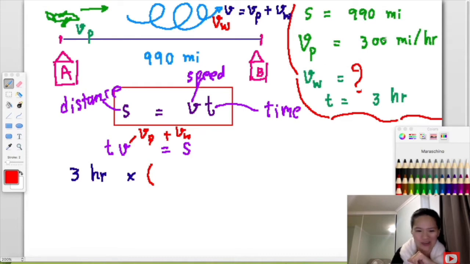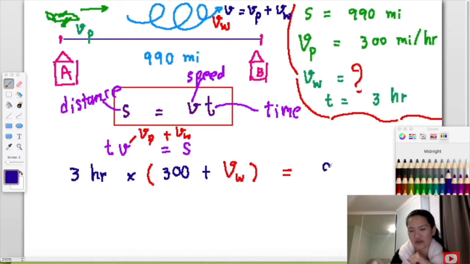I put 300 here. 300 plus speed of wind, that's what we want to find. And it equals our distance, 990 miles. Yeah, they told you from the question. From velocity, we want to find wind. Distance, the unit is mile.